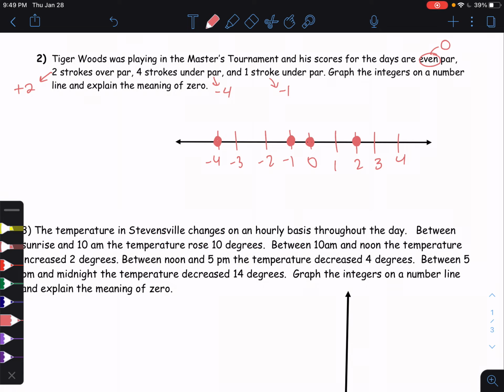Now, yesterday we spent some time talking about golf, and I kind of explained how you want your score to be negative. You want to be better than even or better than par. So in this situation, 0 represents par. So if I'm at an even par, that means my score is technically 0 because these scores are under par.